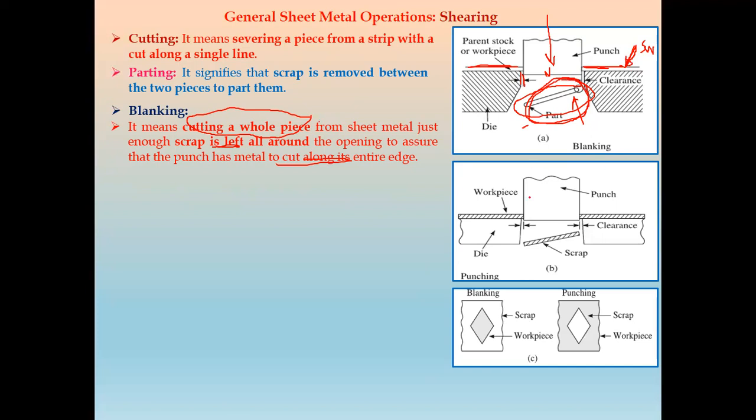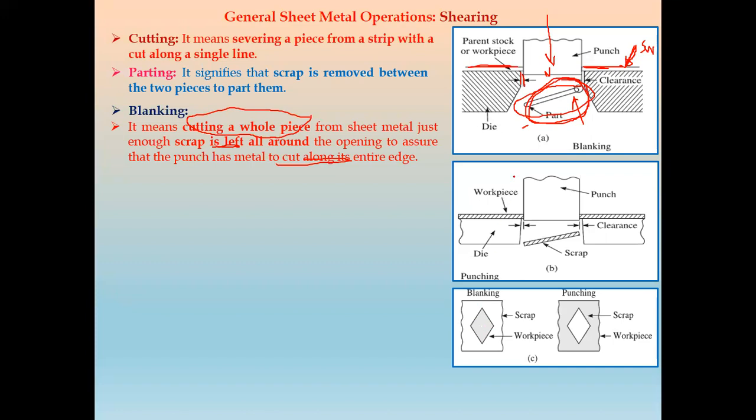In the case of blanking, this is the cutting out material. This is your workpiece or required part, and this whole sheet from which the part is blanked out, that is cut out, becomes the scrap material, and this part becomes the workpiece.